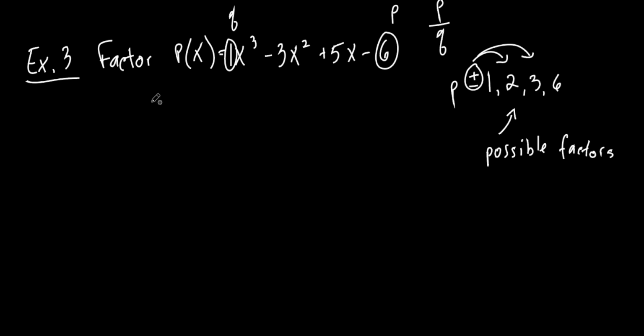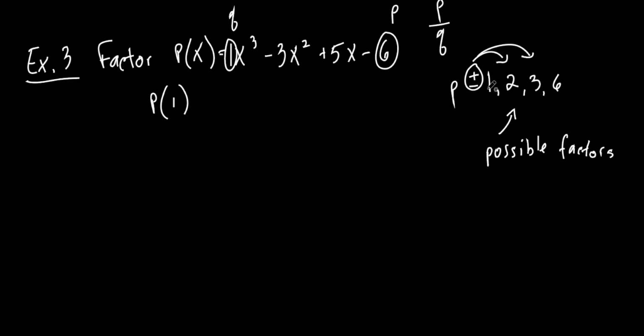So what am I going to do? I'm going to put P of 1. Just put the 1. If that doesn't work, when I say it doesn't work, what does it need to come out to be? It needs to come out to be 0 in order for it to be a factor, okay? Again, these are all possible factors. My factors are all in here. I just don't know which ones they are. So I've got to just pick some and see which ones work.